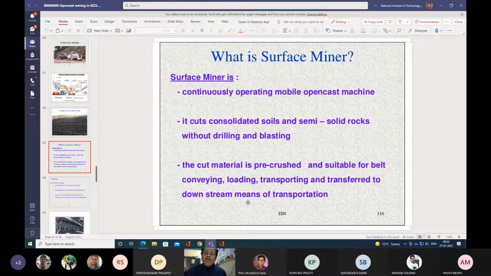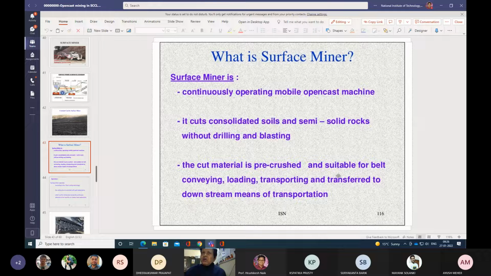The cut material is pre-crushed. There is no need of crushing. The cut material is pre-crushed and very suitable for belt conveyor transport system, loading, transporting, and transfer to downstream means of transportation.